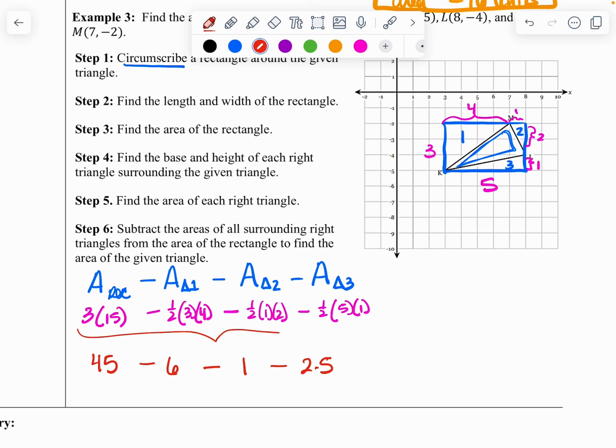You could do this all in the calculator at once and get that that equals 5.5 units squared. So that 5.5 is the area of this triangle for which I don't have a perpendicular height. So that's how you find the area when it talks about circumscribing, by drawing rectangles and then subtracting them out. Okay?